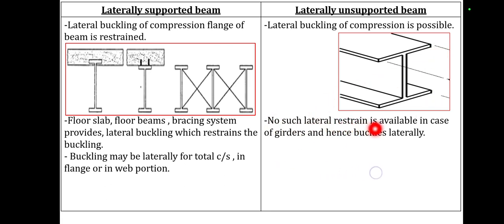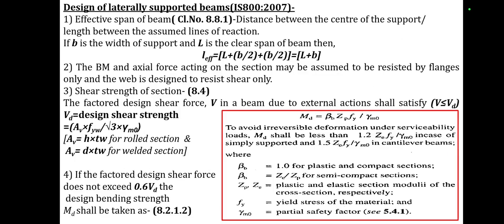No such lateral restraint is available in the case of girders, and hence the buckling occurs laterally. If you observe this diagram, the top compression flange is not supported or restrained. Hence this top flange may buckle, and hence the section is called a laterally unsupported beam.